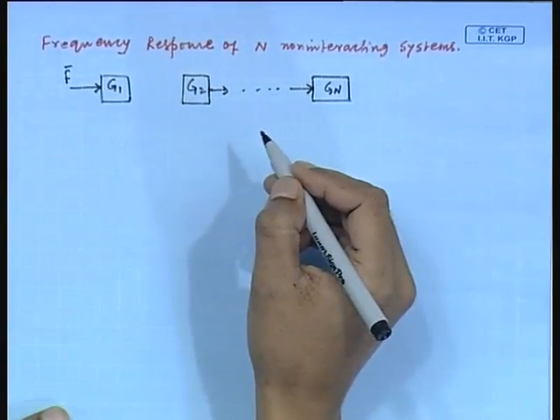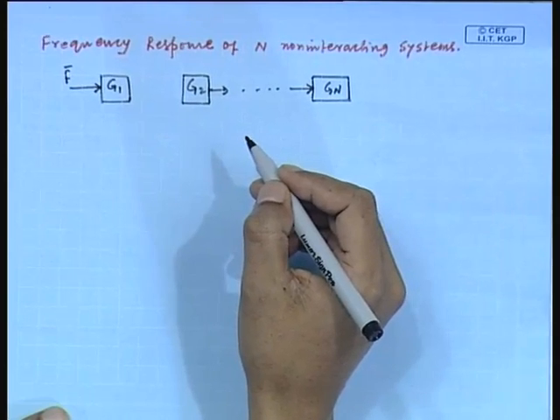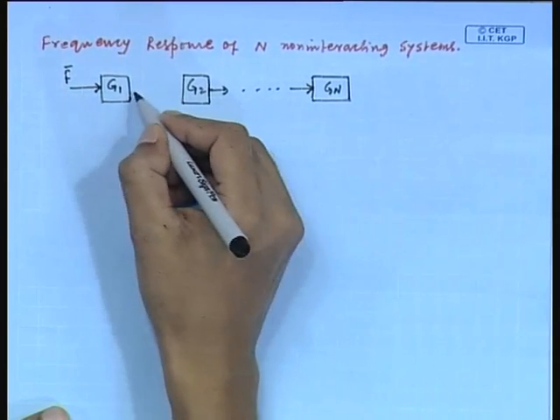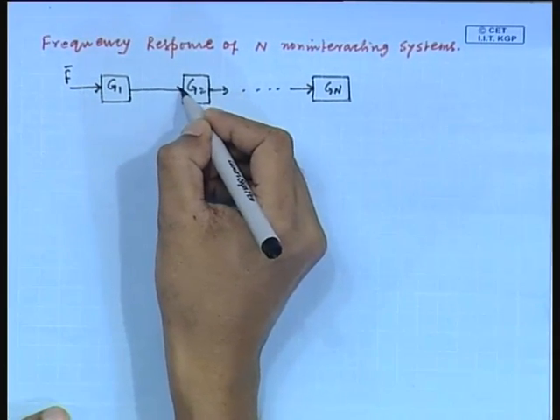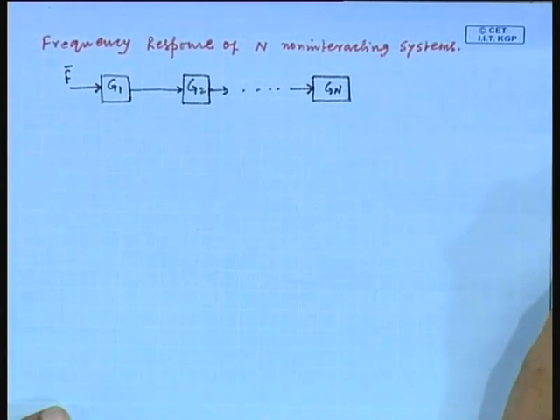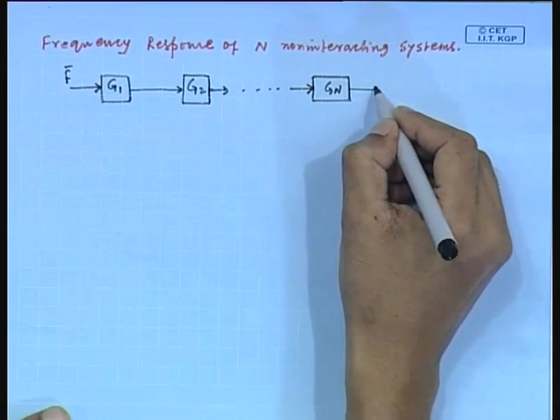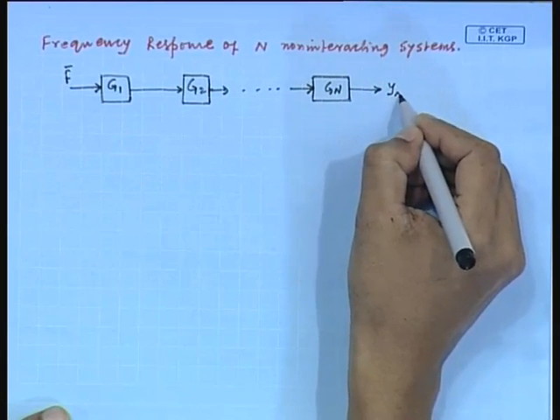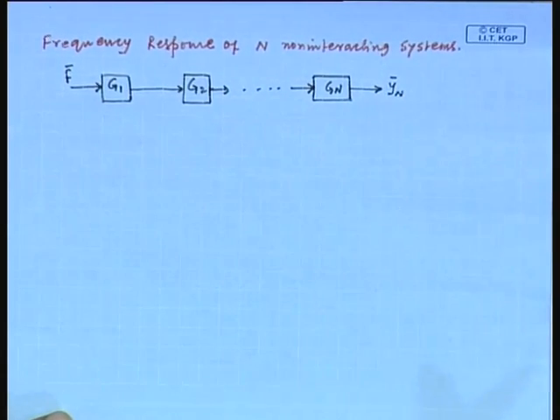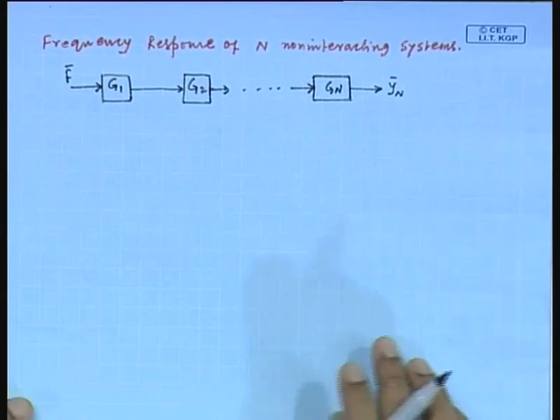So, input to the process G1 is A prime, the output of G1 is introduced as the input to Z2 and finally, we obtain Yn bar. Fine. So, this is indicating the connection of n non-interacting systems.